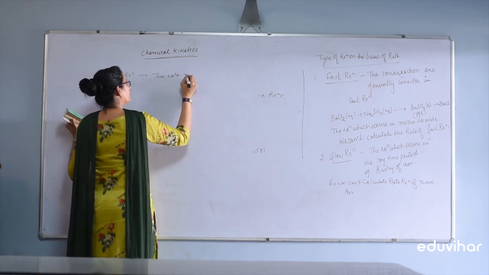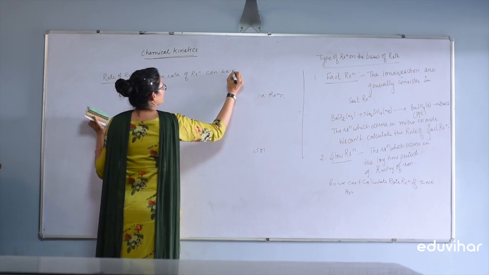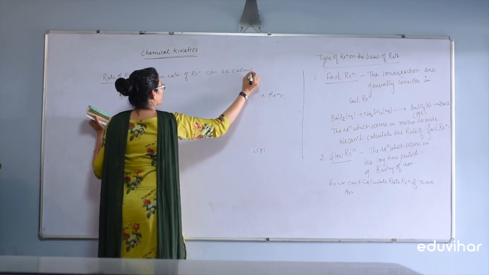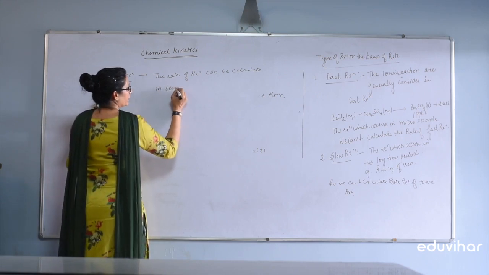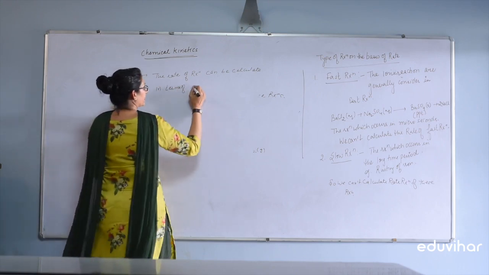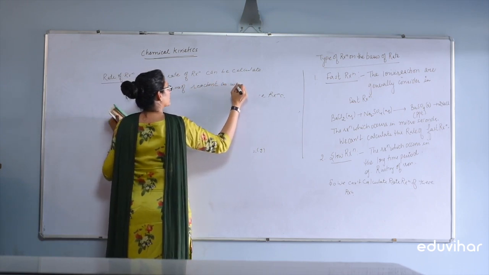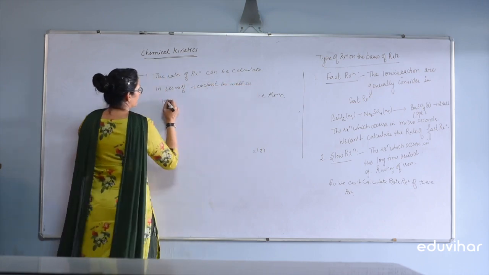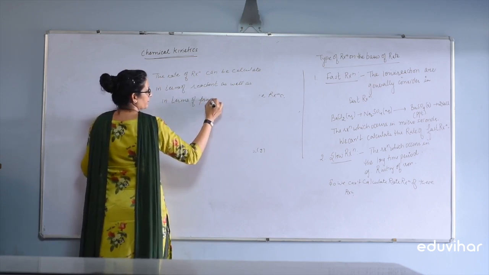The rate of reaction can be calculated in terms of reactant as well as in terms of products.